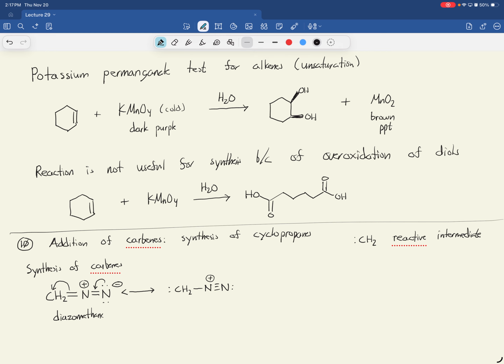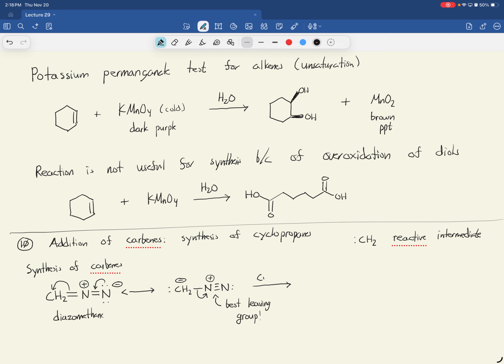We should know something about nitrogen. That is the world's best leaving group, the most stable molecule. If you can generate nitrogen, it will leave like that. So this will leave as nitrogen gas.